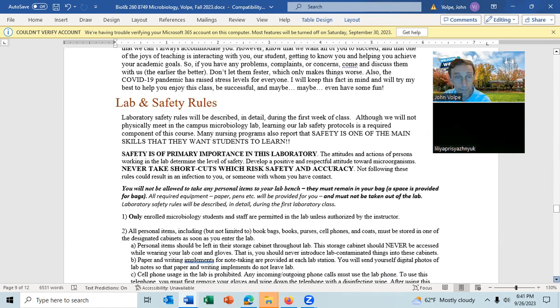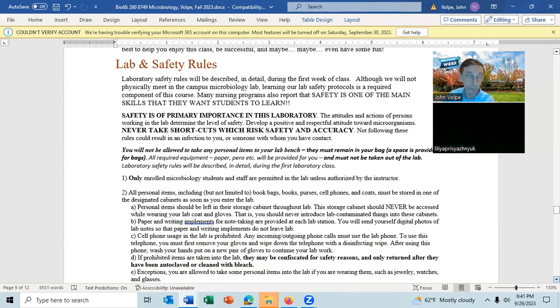Laboratory rules and safety rules. We're not really going to go into the lab, so you could say you don't need to practice these, but you do need to understand them and why we have them in place. Because you're taking microbiology, you do need to know the rules of working in a microbiology lab.